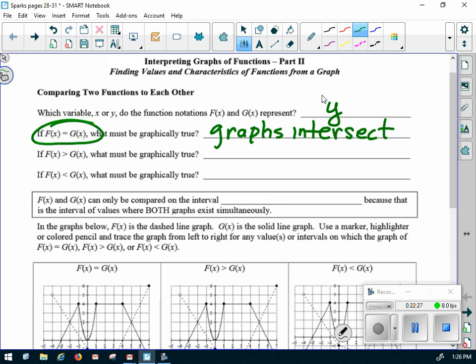Y. So what does that mean on the graph? Yes. Kendra said it's higher. So if f of x is greater than g of x, on the graph, f must be above g. The graph of f must be above the graph of g because the y values would be bigger.